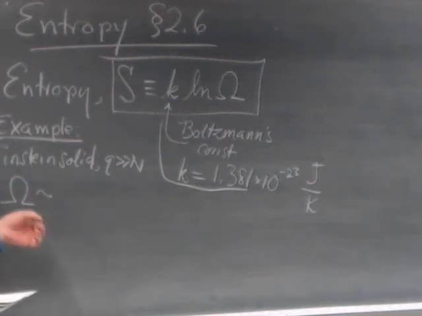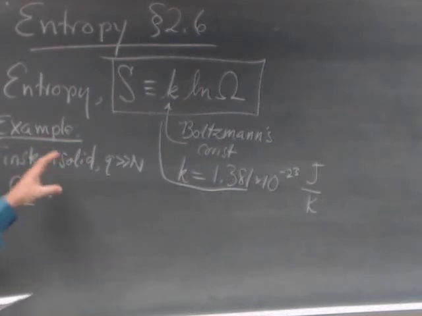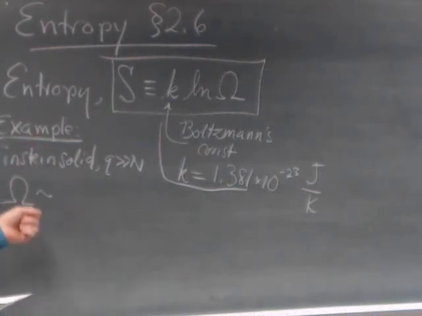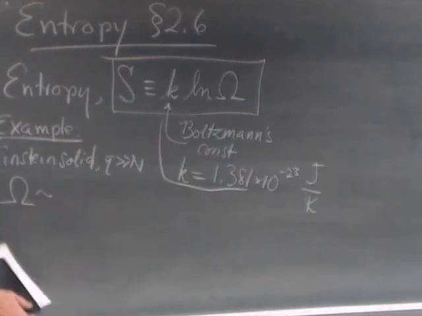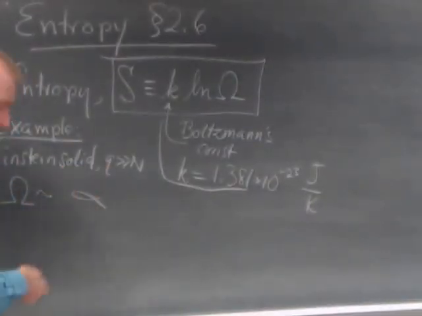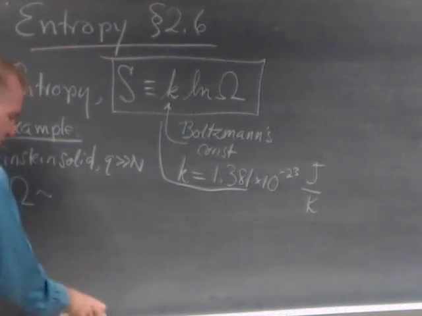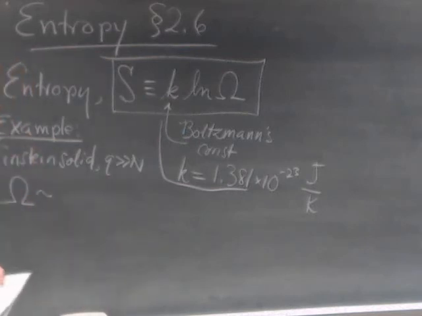Sometimes it means a very rough estimate, where we're even ignoring factors of 5 or 10. Other times, people use it to mean proportional to, which really should be written more like that. But order of magnitude or worse there.